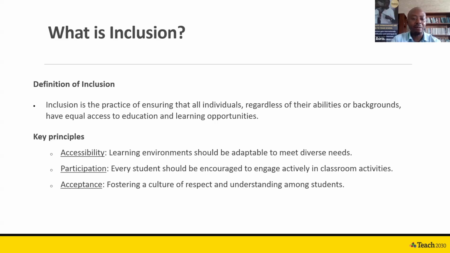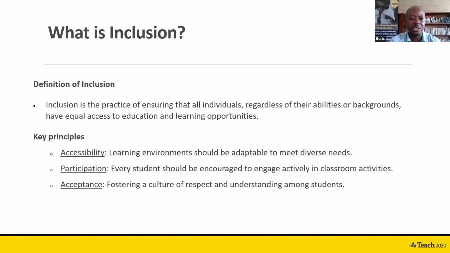It's a term in common use and practice in our classroom that gives all individuals, regardless of their abilities, their background, their religion, their race, their tribe, their culture, equal access to education and learning opportunities. That is what inclusion is all about.